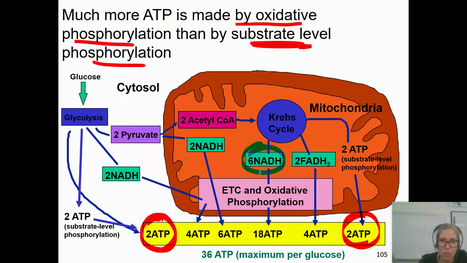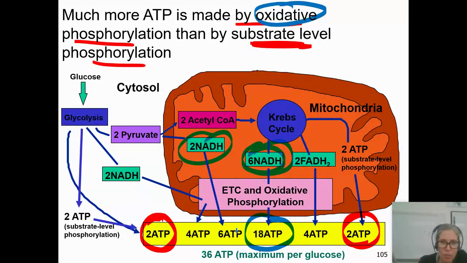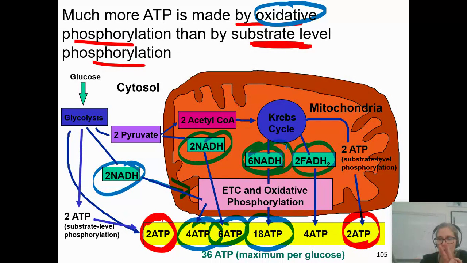So you multiply 6 times 3, right? That makes 18 ATP. That's the oxidative phosphorylation is what I'm doing in blue, or kind of looks green. Let's see, here's NADH, 2 times 3 is 6. Here's 2 NADH, 2 times 3 is 6, but it takes some energy to get these folks into the mitochondria. So that's only going to be 4 ATP. And then FADH2 only pumps in 2 protons instead of 3, and so 2 times 2 is 4.